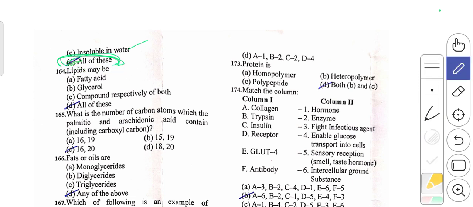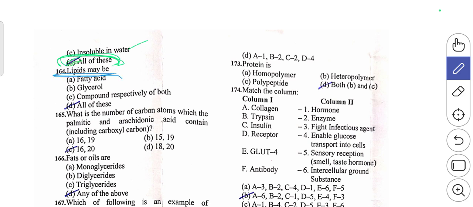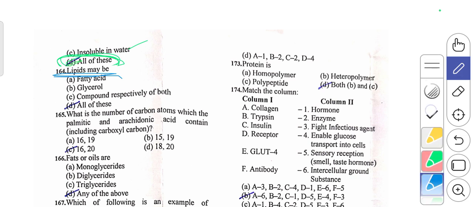So next one, lipids may be. What are lipids? Again, we need to know the same thing here.